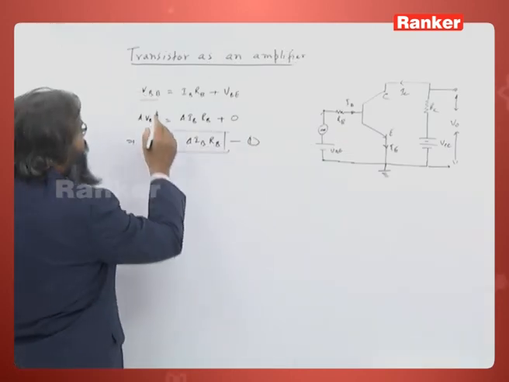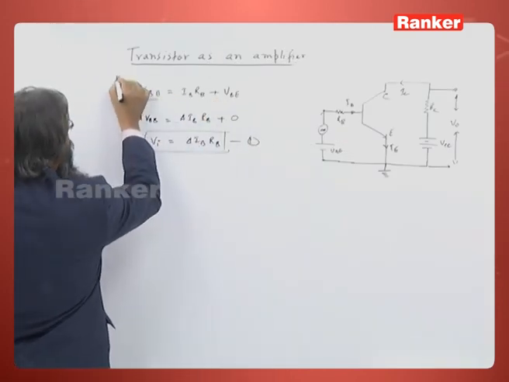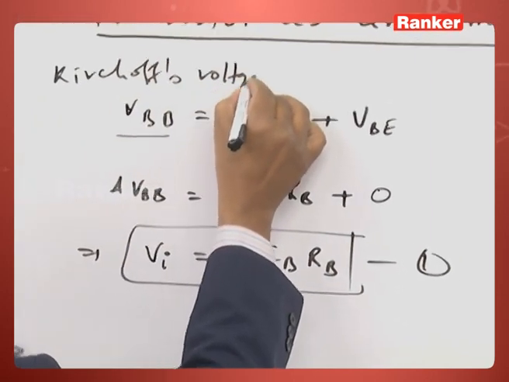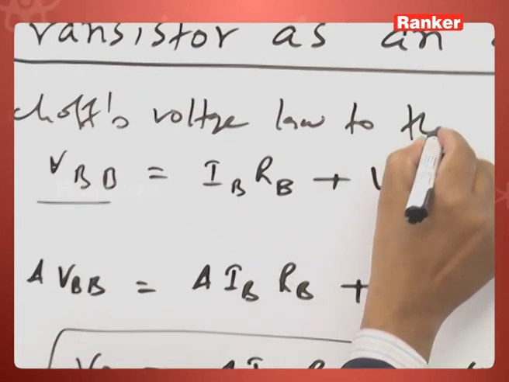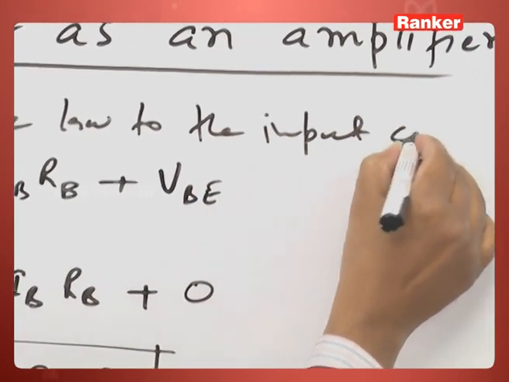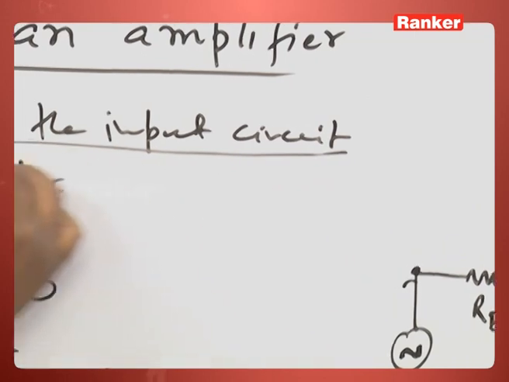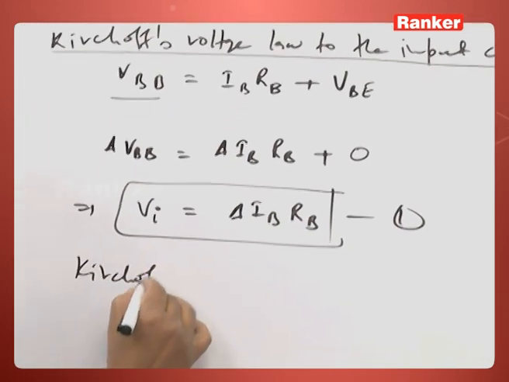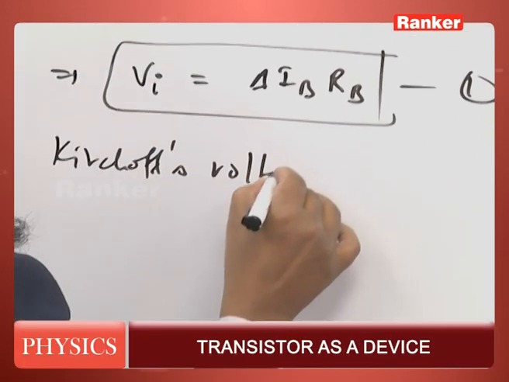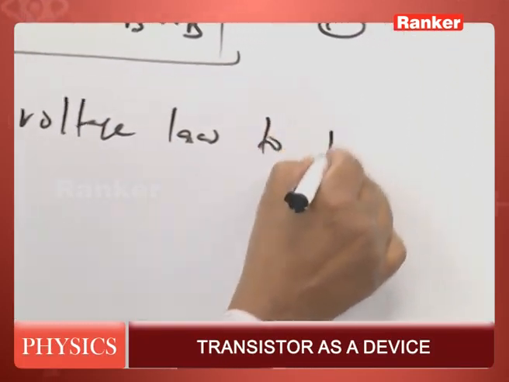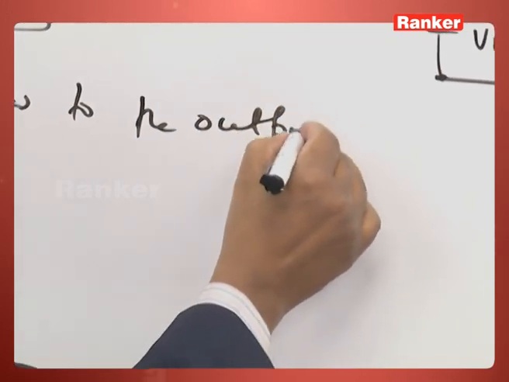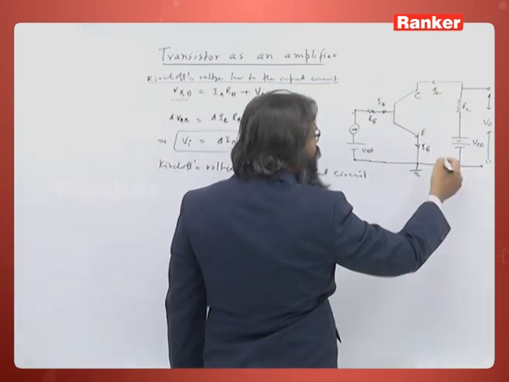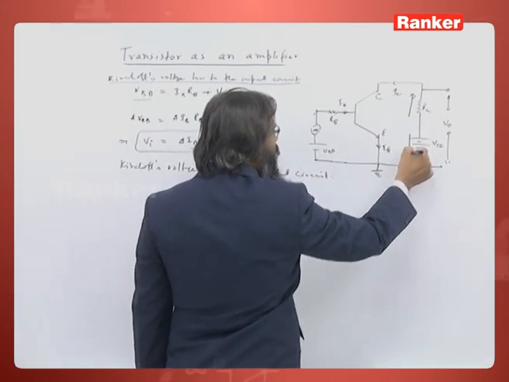This is Kirchhoff's voltage law applied to the input circuit. Now, similarly applying Kirchhoff's voltage law to the output circuit, the potential drop takes place like this.